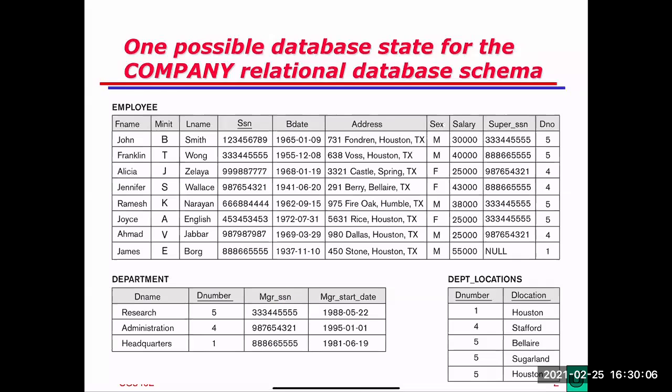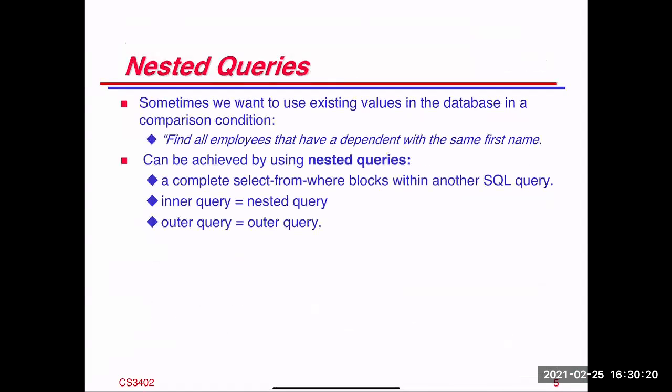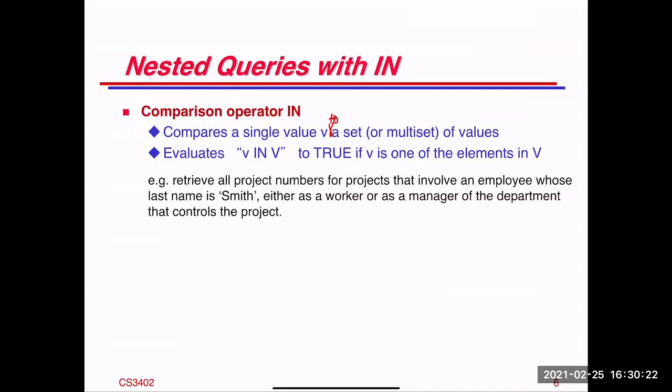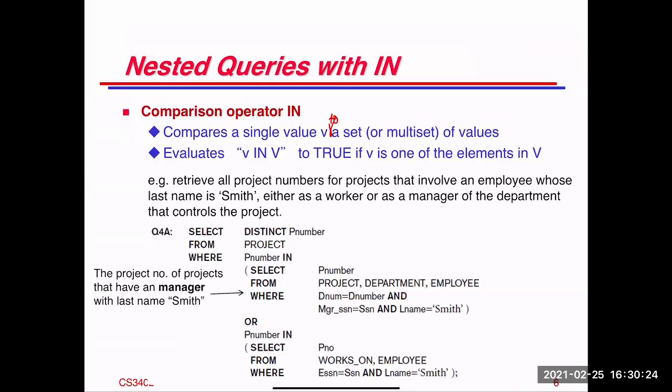Then we're joining the resulting table with the employee table, where the joining attributes will be SSN and manager social security number. So this here is our inner query, our nested query.